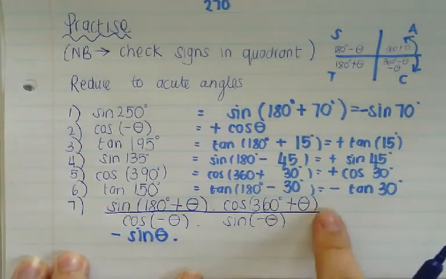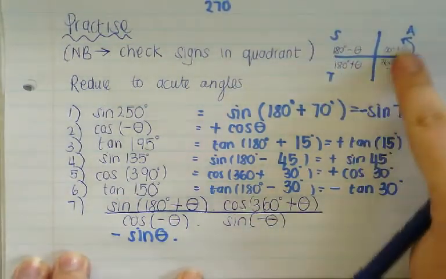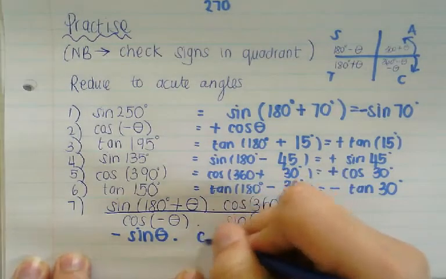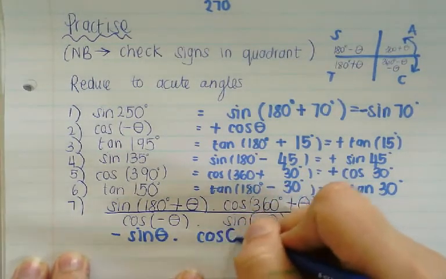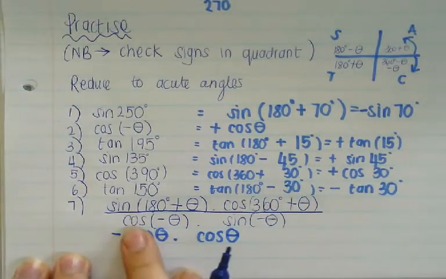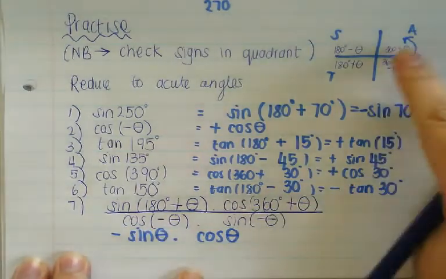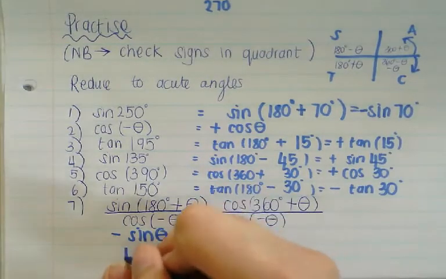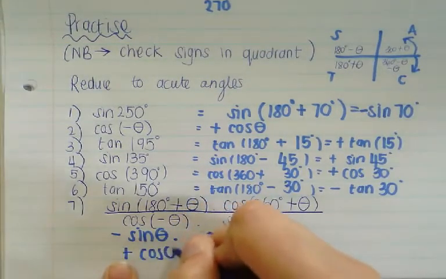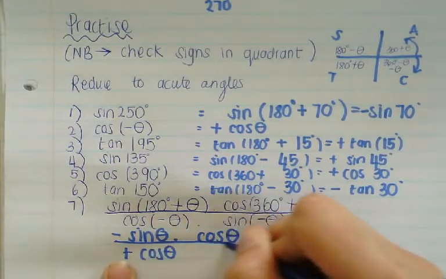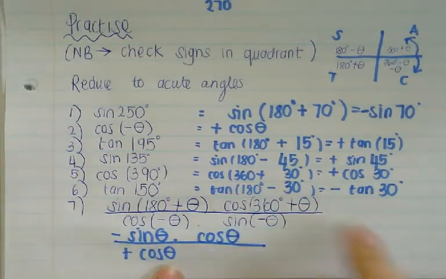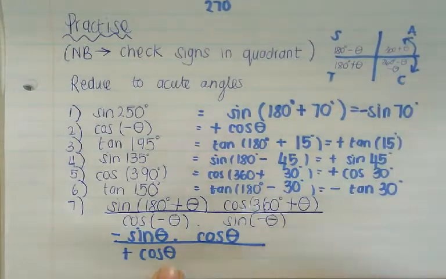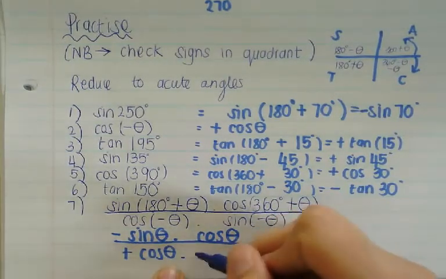Cos 360 plus theta, is cos positive or negative? Cos negative theta, going in the opposite direction, positive or negative? Sine negative theta, in that 4th quadrant there, positive or negative?